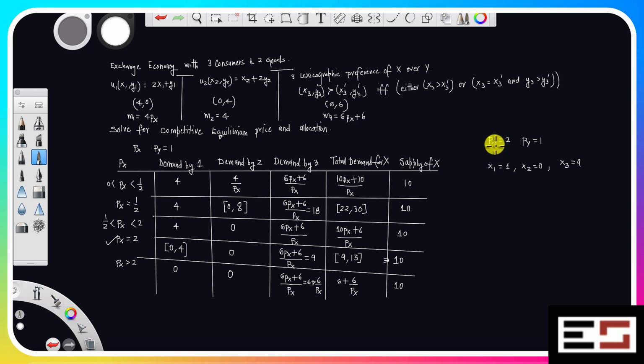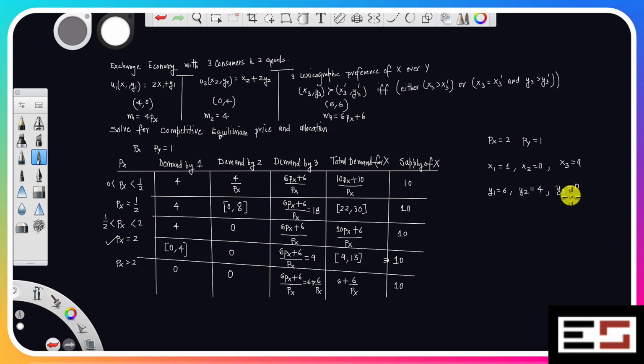What is the income of consumer 1? It is 4 times 2, which is 8, out of which the consumer spends 2 on commodity x, so the remaining money will be spent on y, which is 6. So y1 will be 6. What about y2? Consumer 2 spends all the money that consumer 2 has on y, so y2 is 4, and consumer 3 spends all the money that consumer 3 has on x, so y3 is 0.